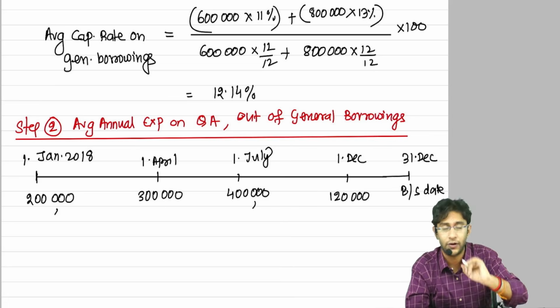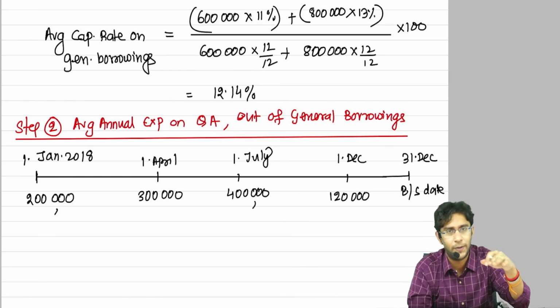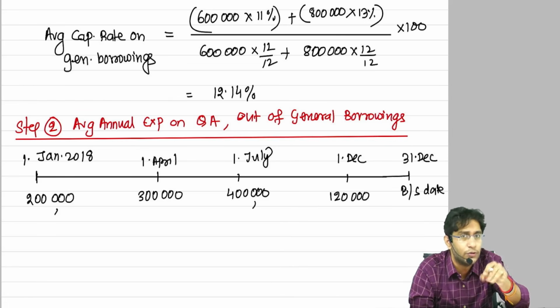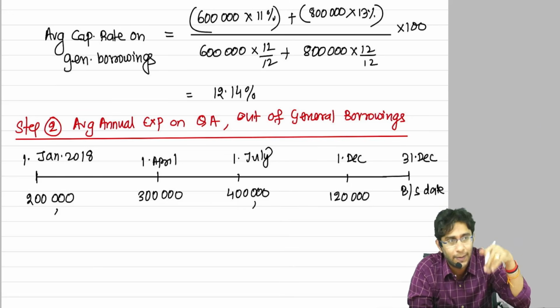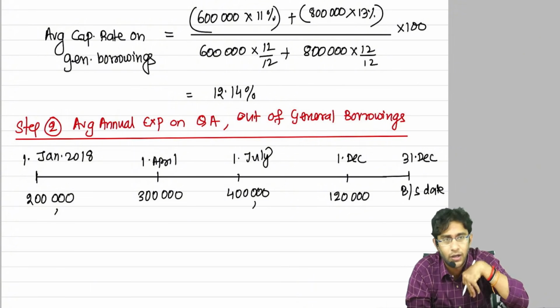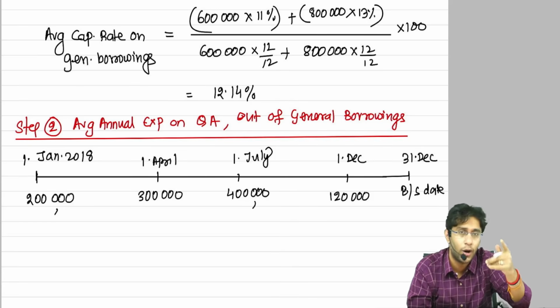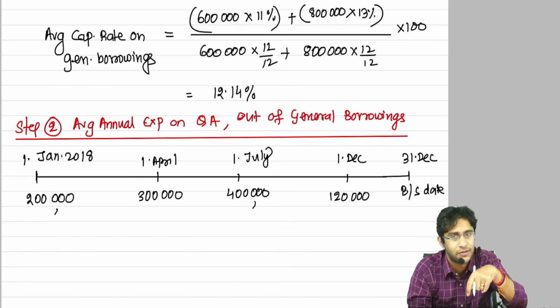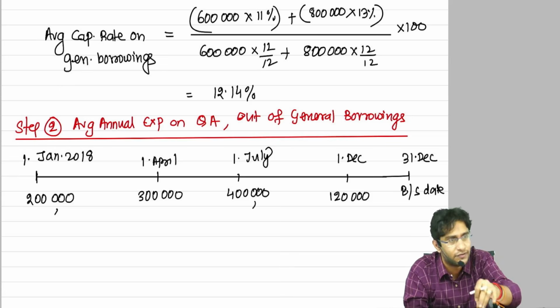Okay, now watch carefully. This total expenditure, sir. Did you borrow exclusively any amount for the purpose of this project? Specific borrowing is there or not there? How much is the specific borrowing? 1 lakh rupees. But when you borrowed 1 lakh rupees exclusively for this project, our money definitely would have been spent here.